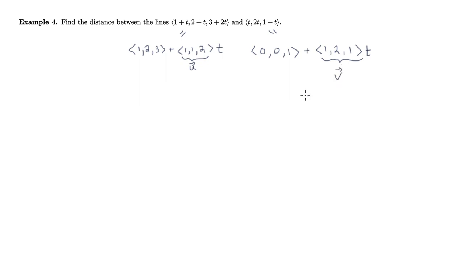Okay, and so we saw a hint about how to find the distance between these two lines, and they are in fact skew. The idea is to project a vector connecting the two lines onto a vector normal to the two lines. And so the two directions are u and v, so we can find a normal vector to both by just taking u cross v. Okay, so what is u cross v?